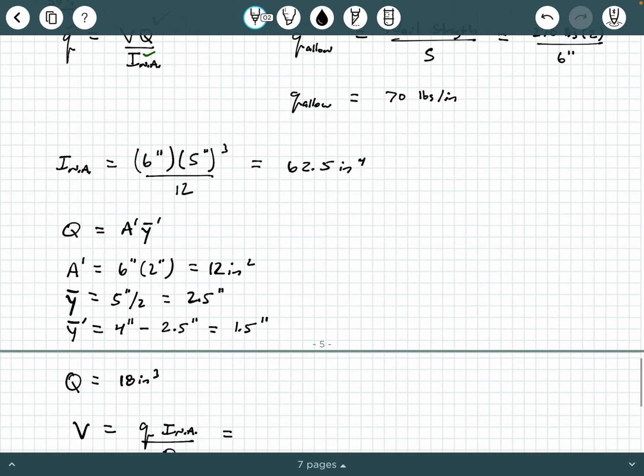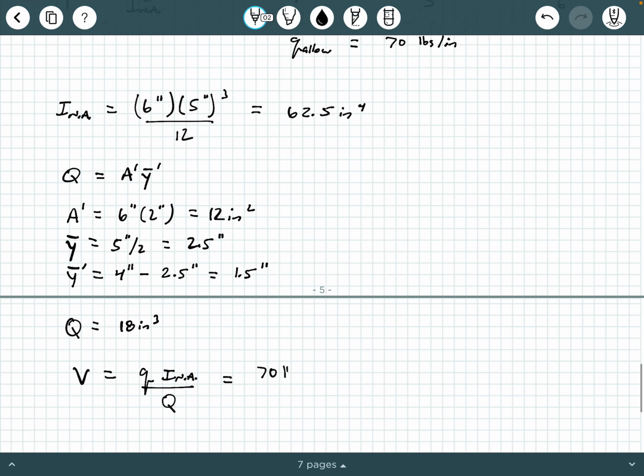And so little q is q allow, that's 70 pounds per inch. And then I about the neutral axis is 62.5 inches to the fourth. And then divide by 18 inches cubed.